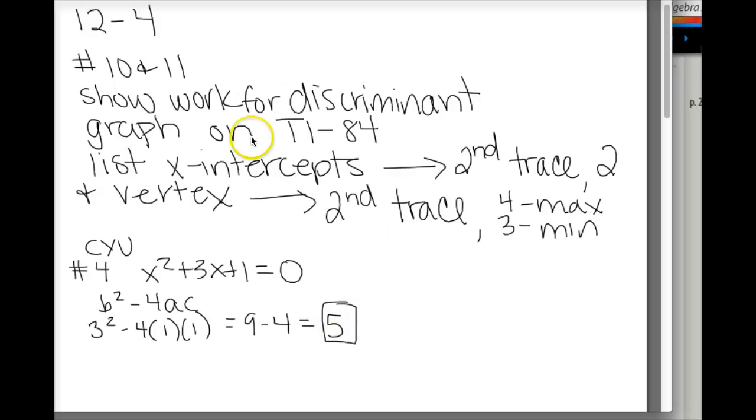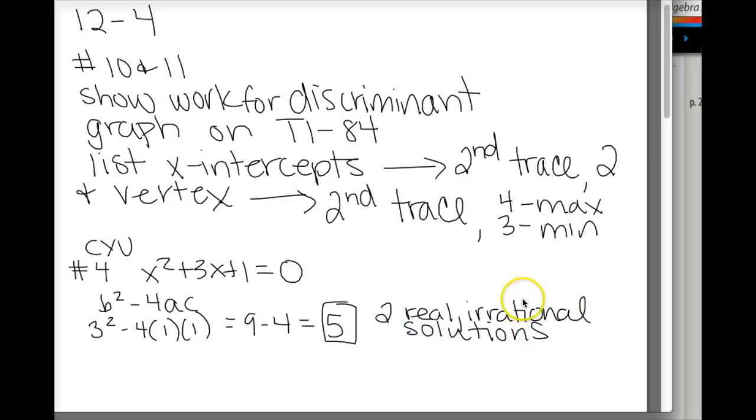Now it says I need to describe the nature of the solutions. This is a positive discriminant. It is not a perfect square. So that means these are two real irrational solutions. That's how I describe the solutions, again, just using my chart that we went over.